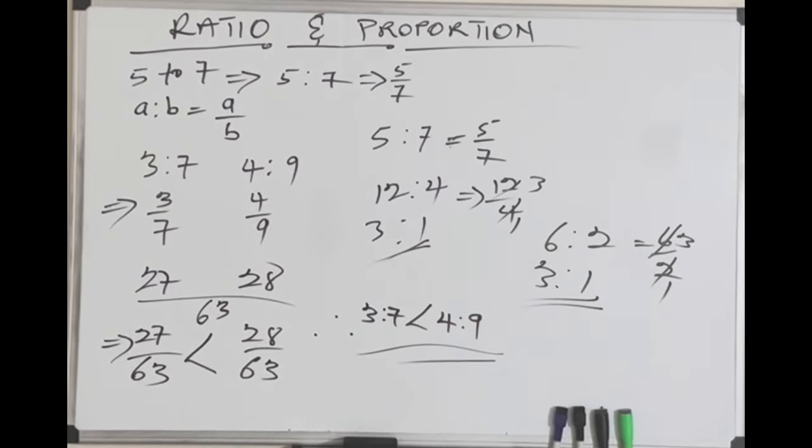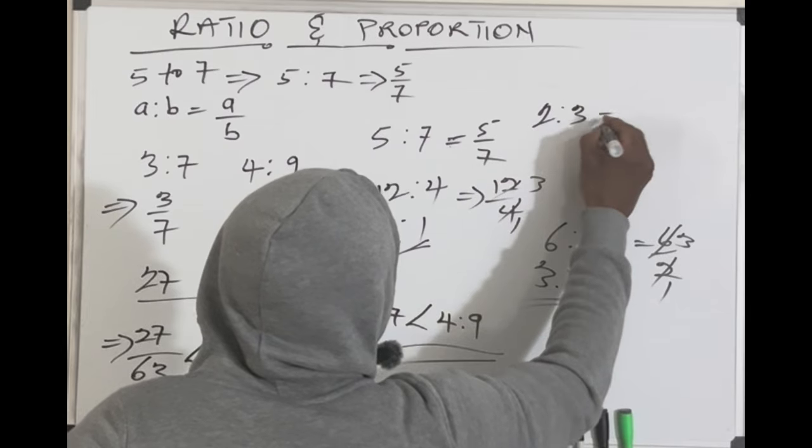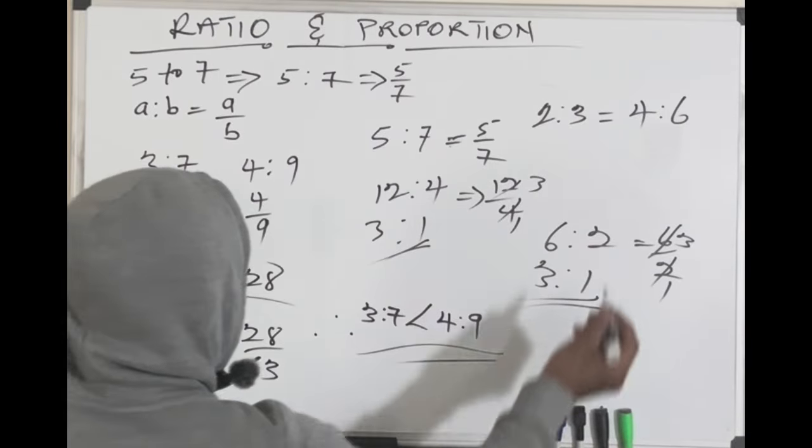And so multiplying each part of a ratio by the same number gives an equivalent ratio. Okay, so just like equivalent fractions. So we are saying 2 is to 3 is equivalent to 4 is to 6. Why?